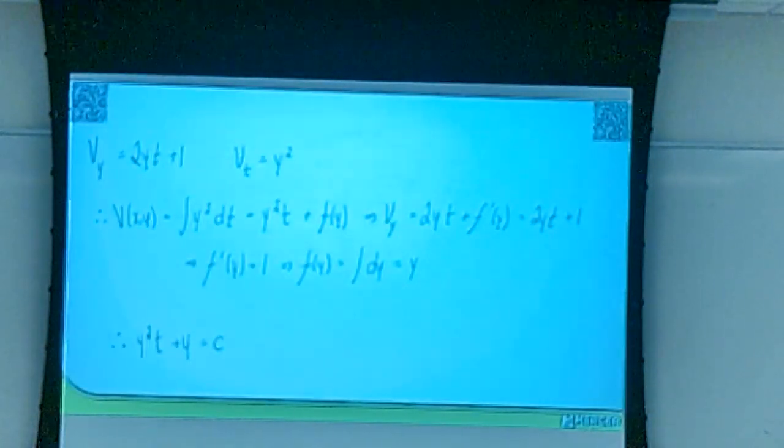Under the safe assumption that y is the dependent and t is independent, that has no explicit solution. t would have an explicit solution. I'm just going to leave it like that.